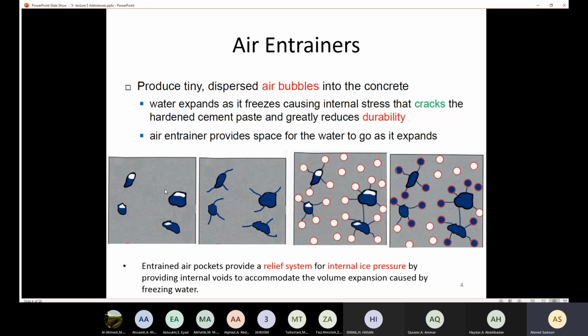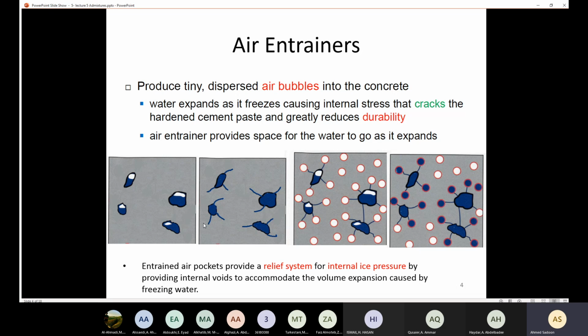It's going to convert to ice. If the water converts to ice, then the volume of the ice is going to be 9% more than the volume of the liquid water. And that is going to exert internal pressure. And as a result, we are going to get cracks.